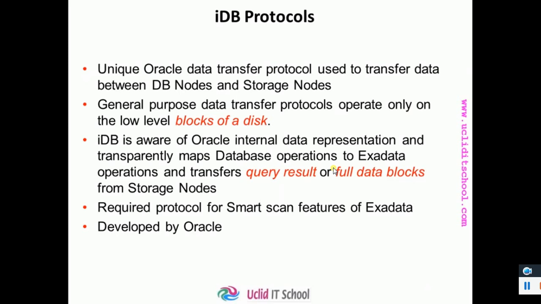Oracle uses a special purpose protocol built exclusively for Exadata, called the iDB protocol. iDB stands for Intelligent Database Protocol. It is a unique data transfer protocol used to transfer data between database servers and storage servers.